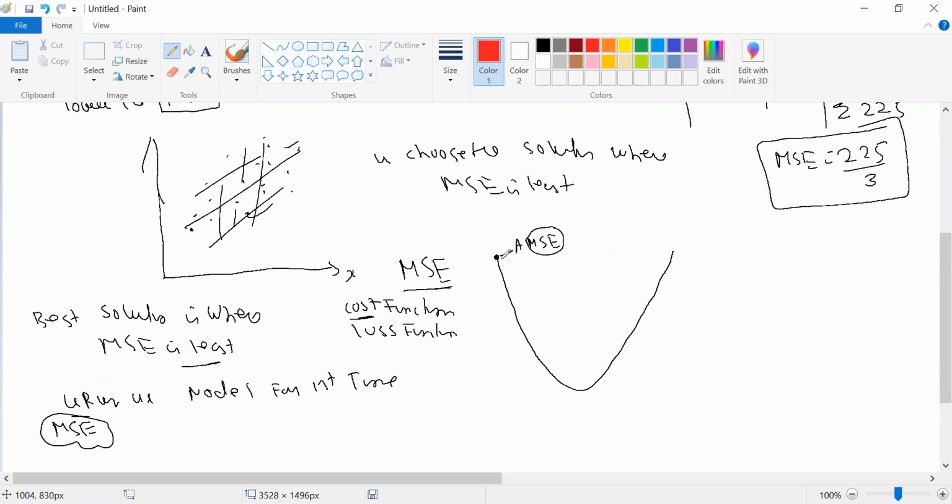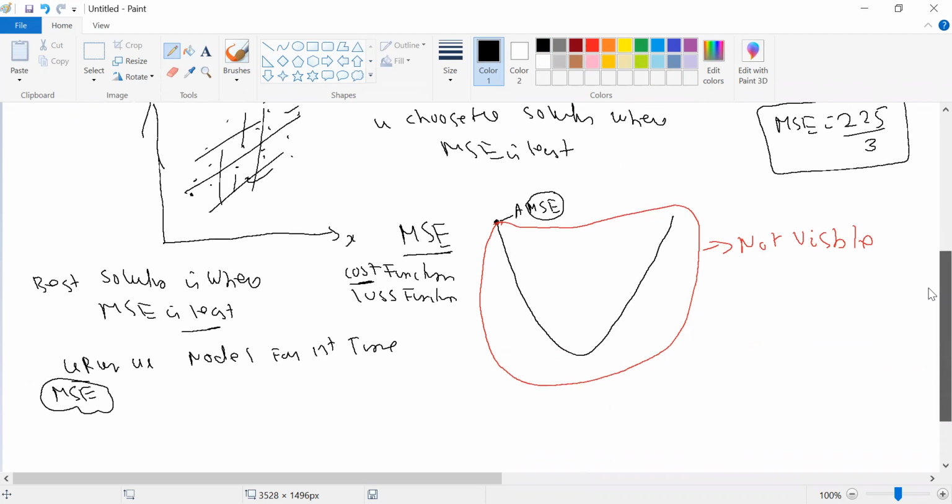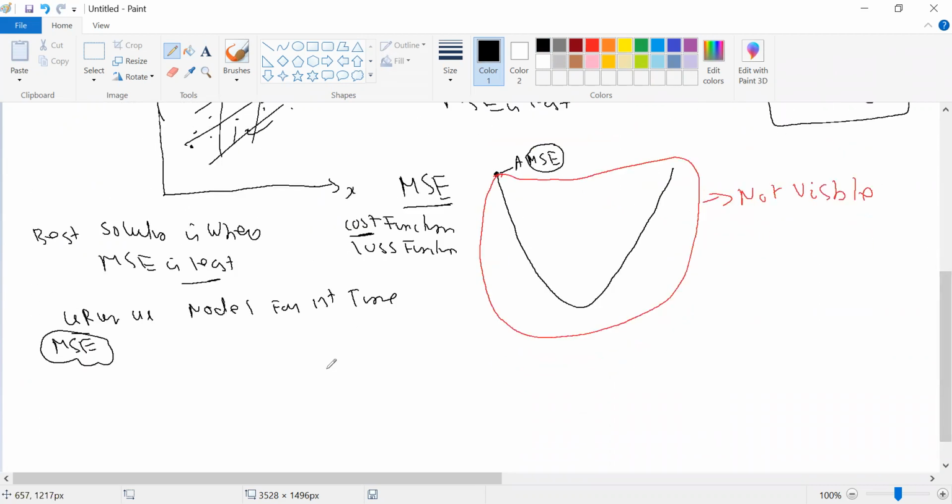And imagine this whole part is not visible to you, because this red part is created when your model runs a number of times. You have run your model just for the first time and you got just one value of MSE. Let me say you ran your model the first time and you just have one point.